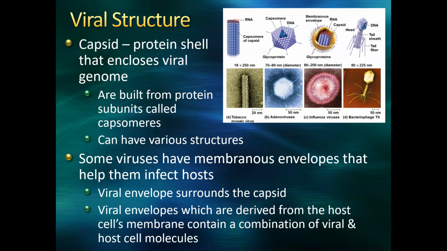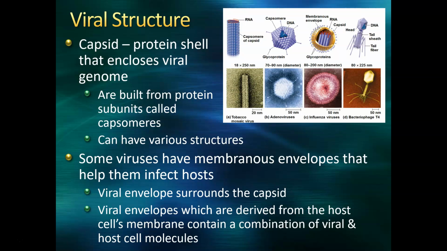Some of them are just that capsid, and then some of them can have that membranous envelope that goes above and beyond as an extra layer of protection and an extra bit to help them infect their hosts as well. An interesting thing about those viral envelopes is that they are often derived from the host's cell membrane.